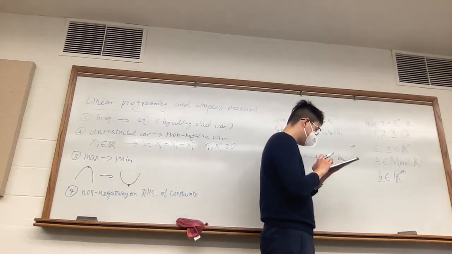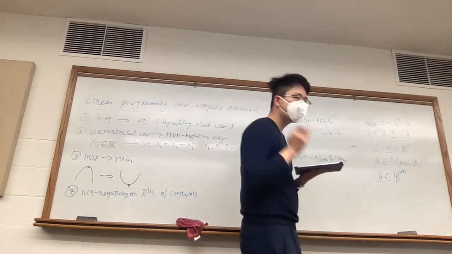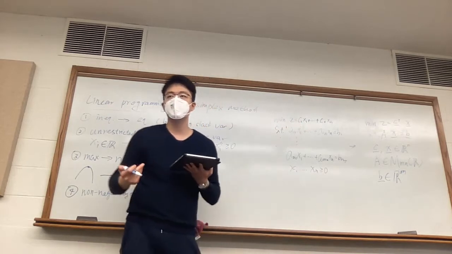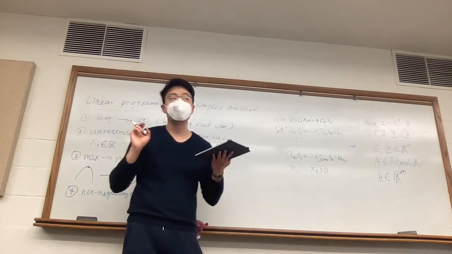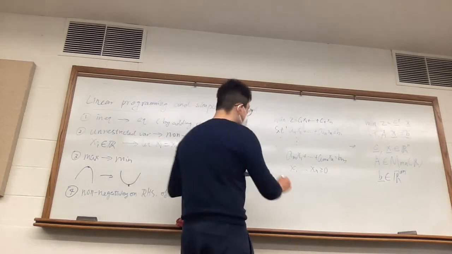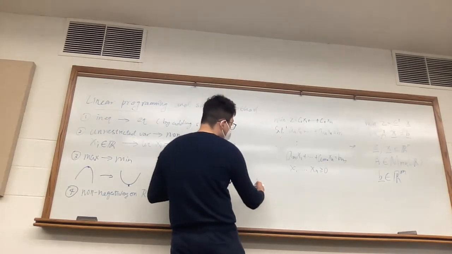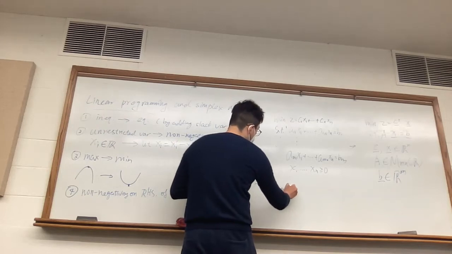What can we say about this? In many problems, our constraints are inequalities. But when we transform them to equalities, we need to add slack variables, right? So we see that the matrix A is of dimension m by n.